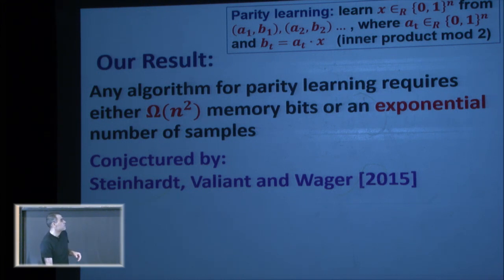The constant that I'm able to prove here for the memory size is 20. If your memory is anything smaller than n^2 over 20, or over any constant larger than 20, 20 plus epsilon, then you need an exponential number of samples. The right constant is probably 4. This is the best upper bound. And for the example that I did before, you need 9 bits of memory.